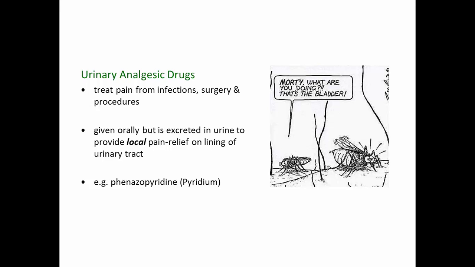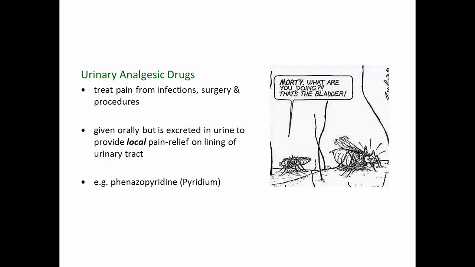This is kind of a neat group of drugs. These are analgesic drugs for the urinary tract. They don't get rid of infections, but they can treat pain that is caused by infections, or if somebody had surgery to the urinary tract, or different types of procedures where they may insert a camera to look inside, a cystoscopy, so they can look inside the bladder.